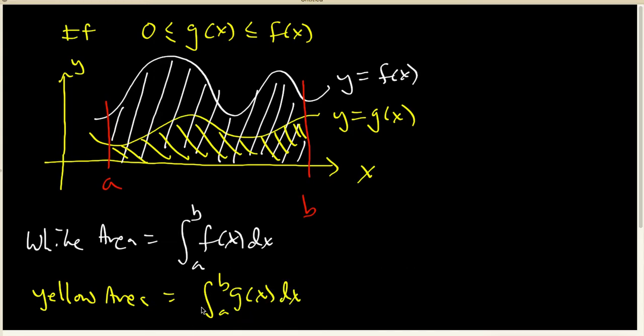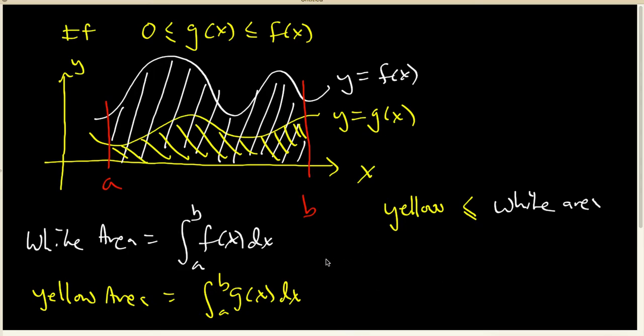Now there's an obvious fact that's clear from this picture. The yellow area is completely inside the white area, so the yellow area is clearly less than or equal to the white area.